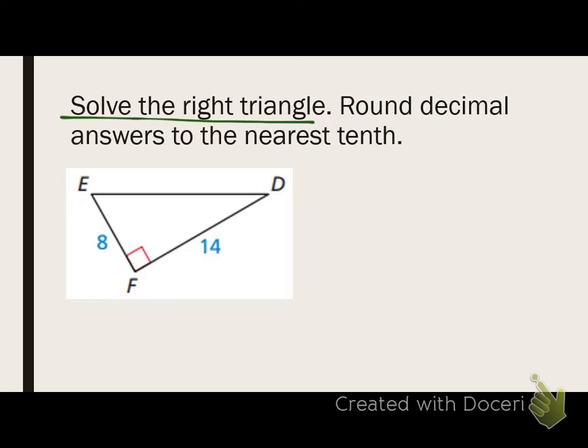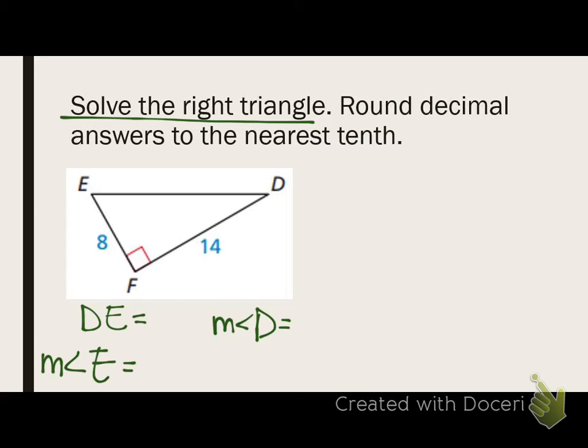Find all angles and sides. So what is missing? We're missing DE, the measure of angle E, and the measure of angle D. You need to make sure that I can locate your answer. Put them all in one place. Make sure you box in your answer.